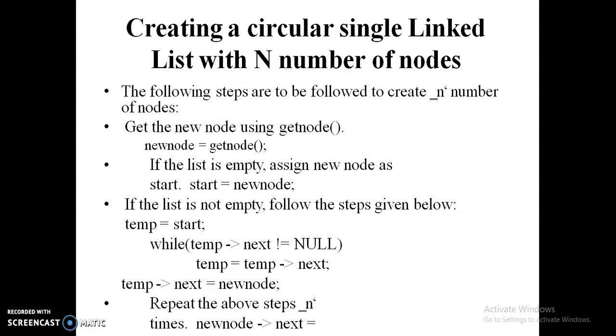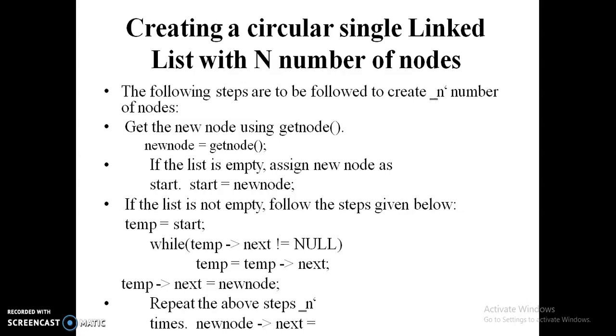If the linked list is empty, then we make this new node the starting node of the linked list. If the linked list is not empty, that is, if start is not equal to null, then we move through the linked list up to the last node, and then we assign our new node to the last.